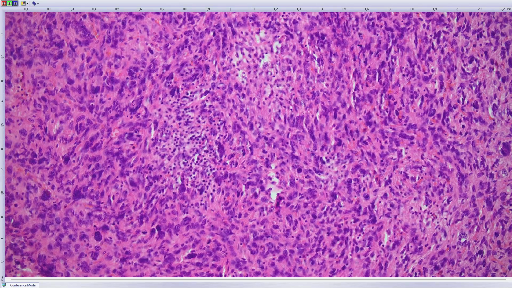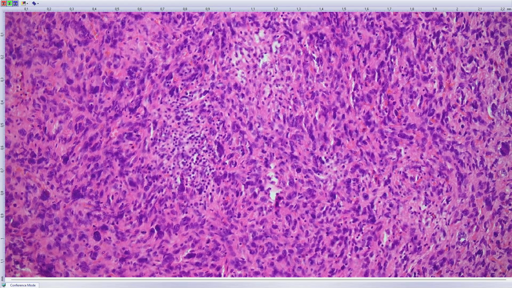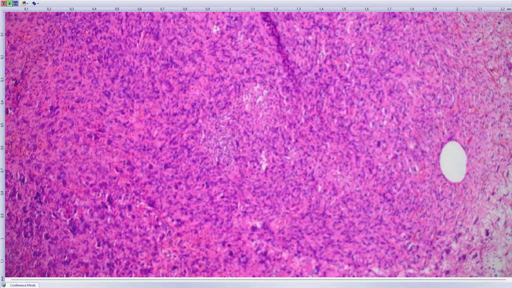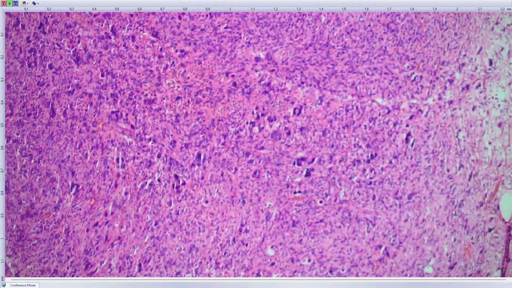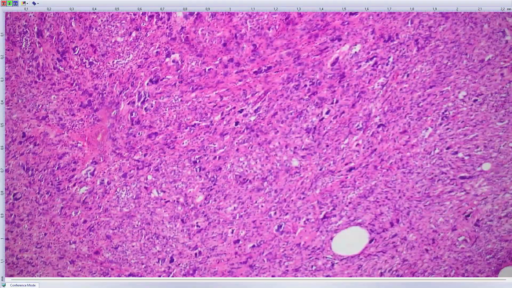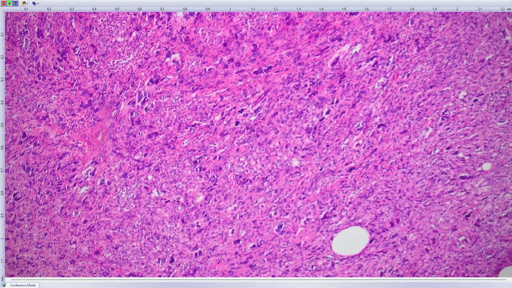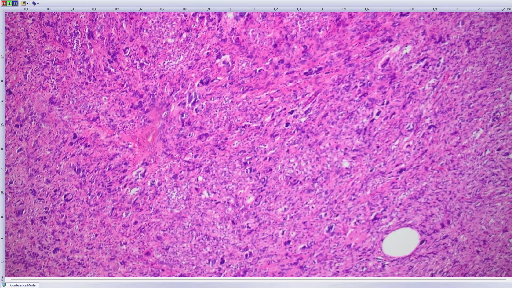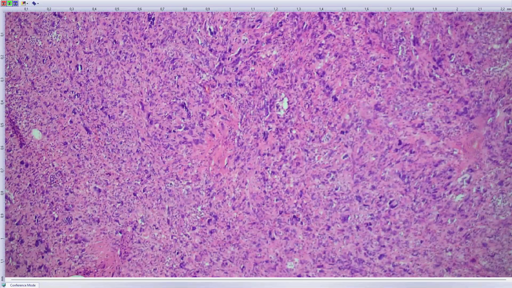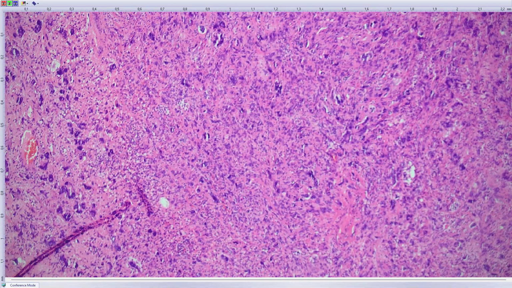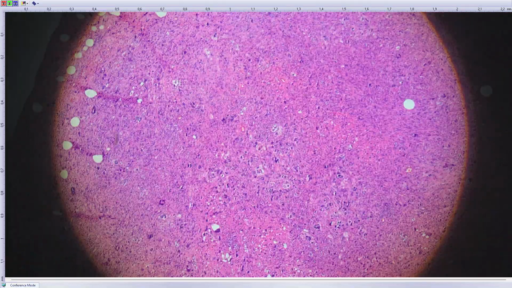So this level of atypia or pleomorphism with mitotic activity makes it basically a high-grade malignancy. Because there are tumors which can be pleomorphic, but they don't have atypia, they don't have mitotic activity, and they can still be indolent. But here, mitotic activity, atypical mitosis, and pleomorphism means basically a high-grade tumor.